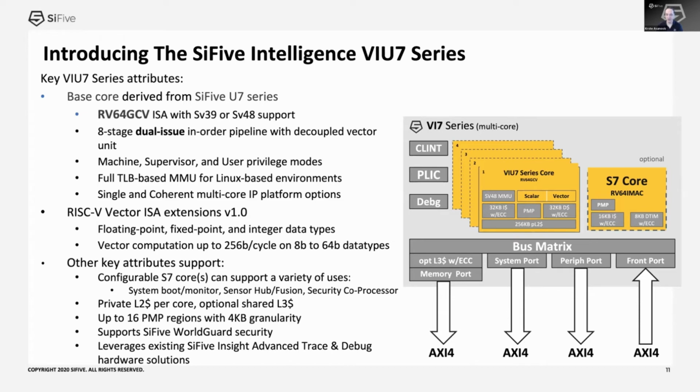And in that spec, we support floating point, fixed point, integer data types on everything from 8-bit to 64-bit data types. And the VIU7 supports full 64-bit double precision floating point all the way down to 8-bit integer multiply accumulates. The vector unit in this first release has a 256-bit wide data path.